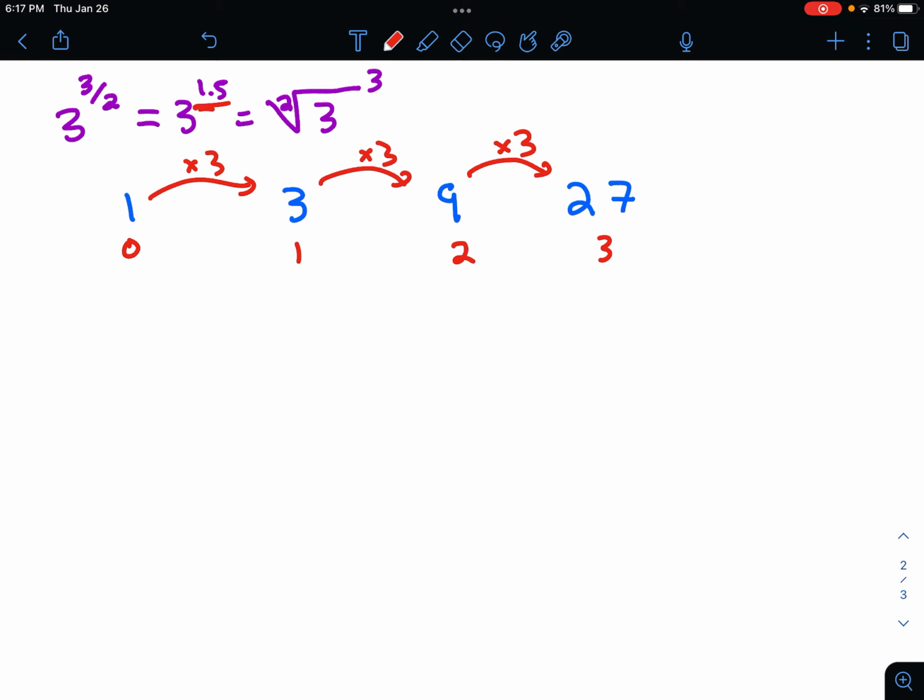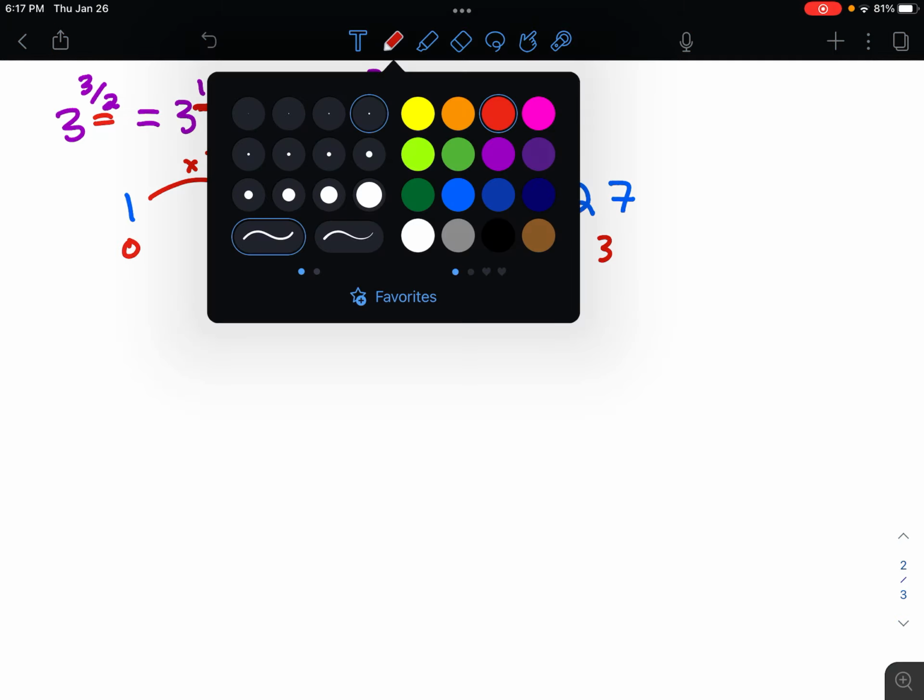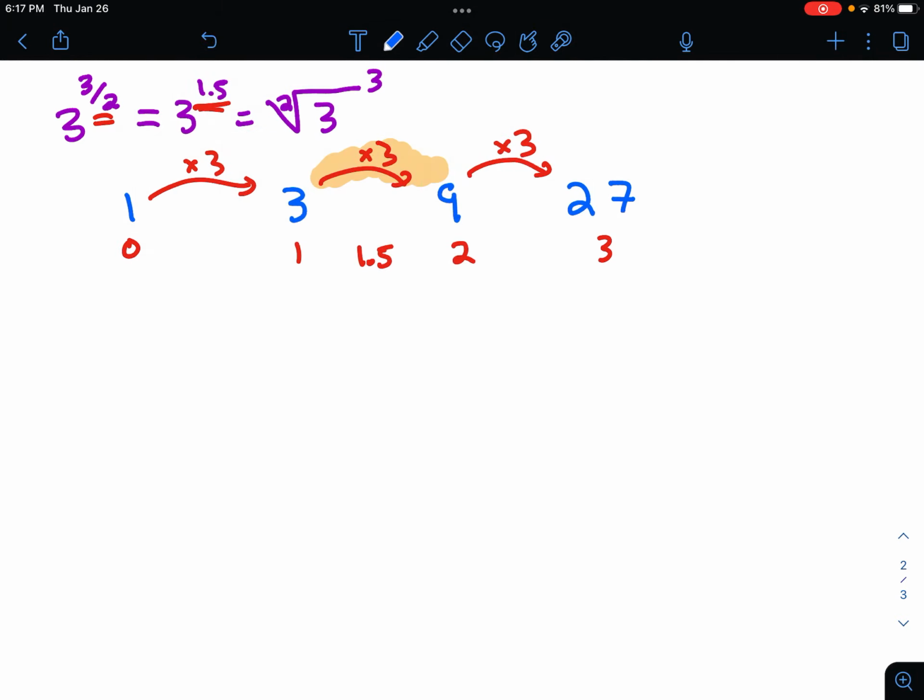But we're interested in, well, we have 0, 1, 2, 3. And we want to know, what's between 1 and 2? What's 3 halves here? So we want to raise 3 to the 1.5. And rather than going the full square root 3 here, we're now breaking that into 2 steps. So we go part of the way, halfway, and then halfway again. And so that represents multiplying by square root 3 and by square root 3.